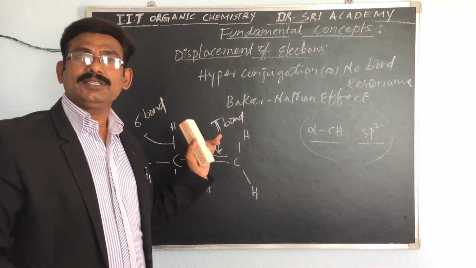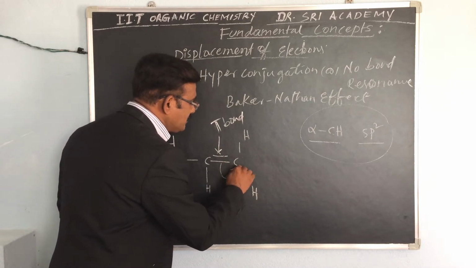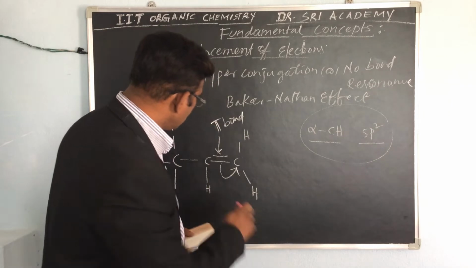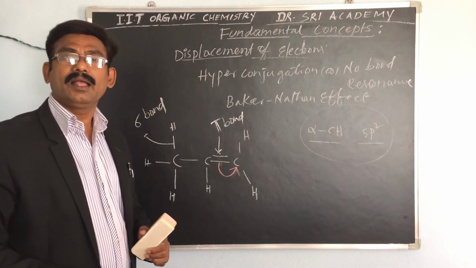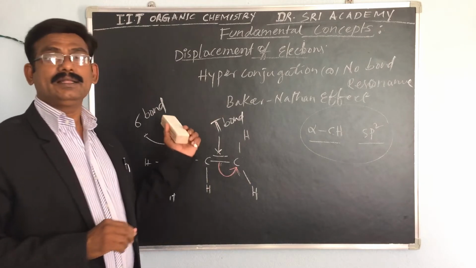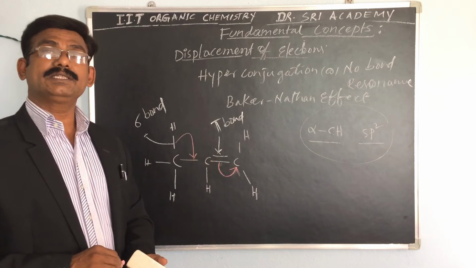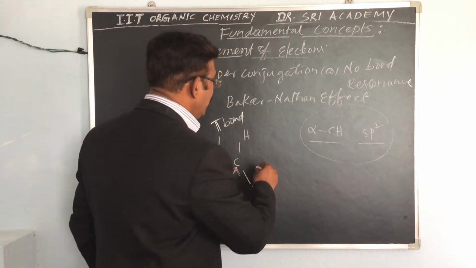Now hyperconjugation takes place. How? So this pi bond comes to this side, and the sigma bond comes to this side. What happened now?